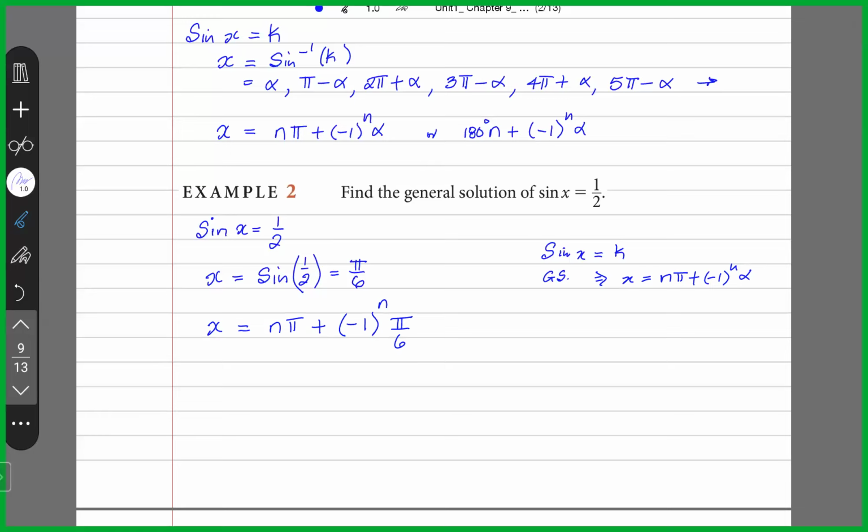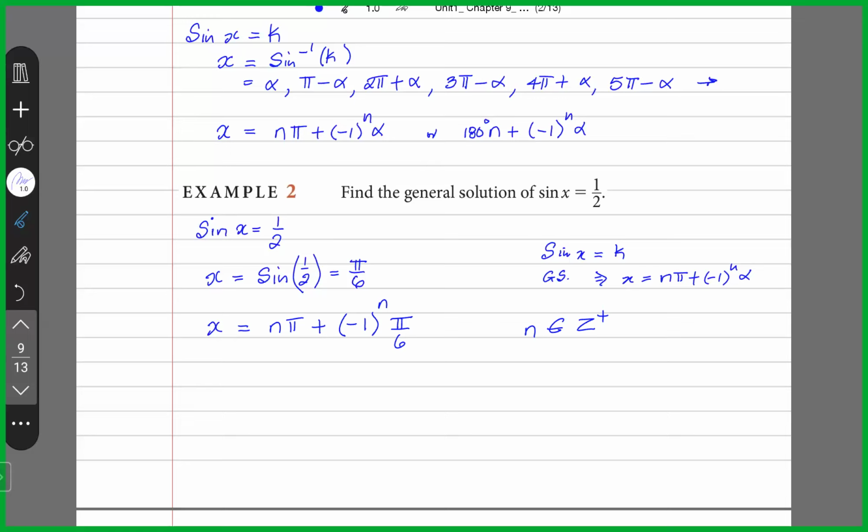I could use the general solution starting with when n is 0. So n is an element of the set of integers, or let's say positive integers. So I can start off with when n is 0, my answer is just pi by 6, which is 30 degrees, the answer in the first quadrant.